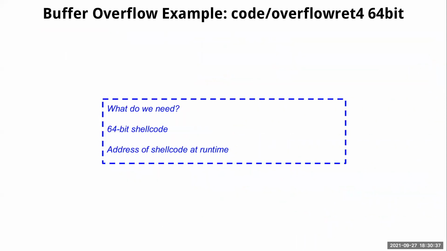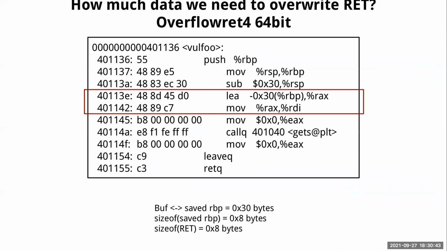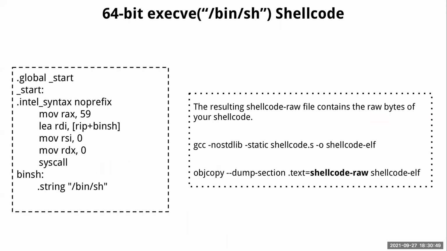Okay, so for the same code, let's do 64-bit. The only difference is, everything, the overwriting, is actually the same. The difference is the shellcode. So this is the 64-bit version of the shellcode in assembly code.